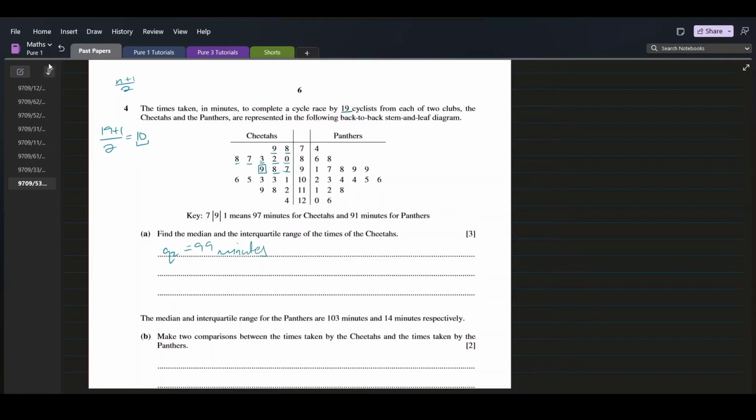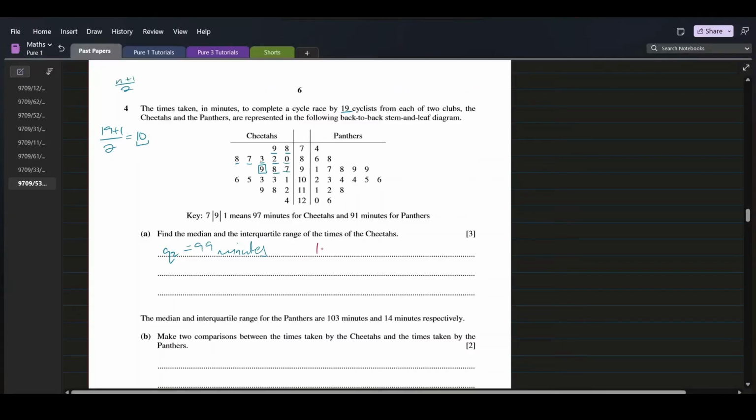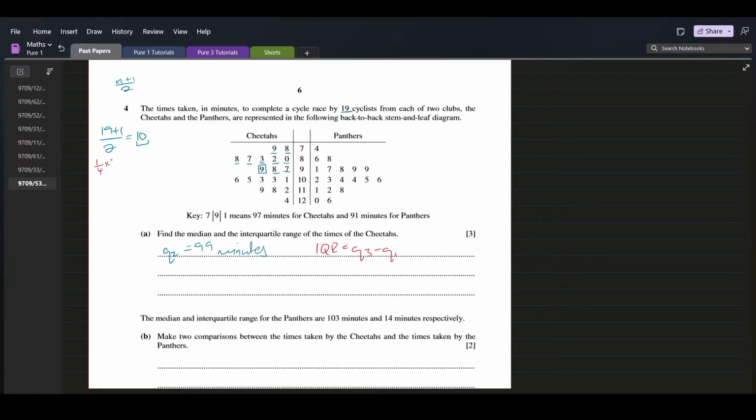Okay, and I'm going to use a different color for our interquartile range. So interquartile range is equal to upper quartile Q3 minus lower quartile Q1. So let's start by getting the position for a lower quartile. We use the formula a quarter times n plus 1. So that's a quarter times 20, and that gives us 5. So 1, 2, 3, 4, 5.